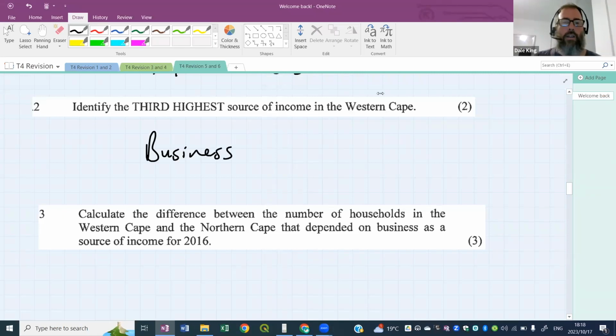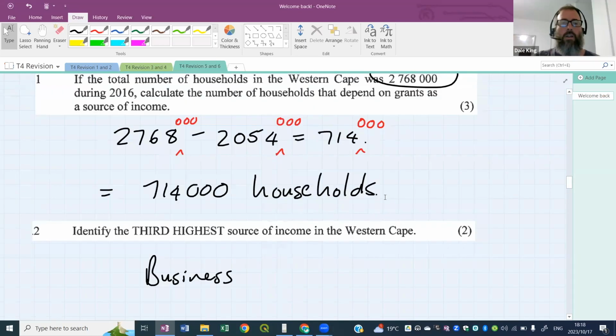All right, let's read the next one. Calculate the difference, the word difference, you know what that means, between the number of households in the Western Cape and the Northern Cape that depend on business. So the difference between the two provinces for business. There's all the information you need.